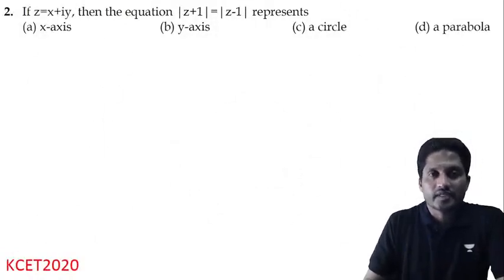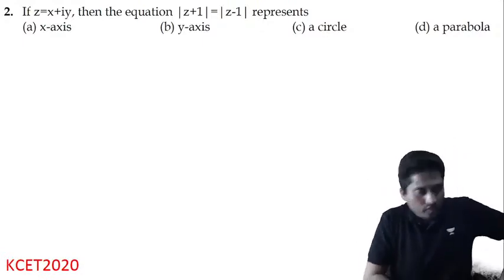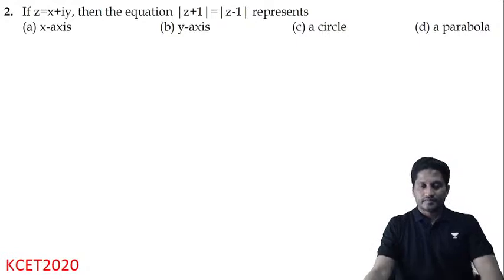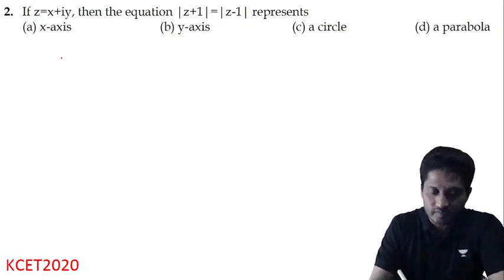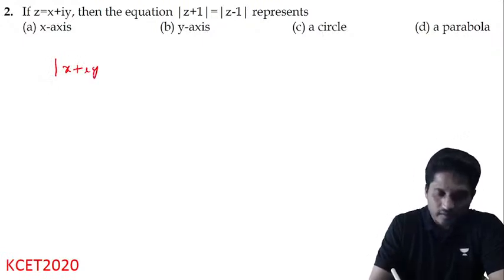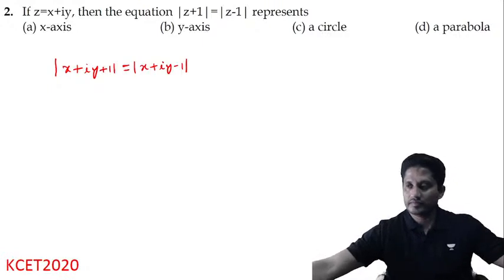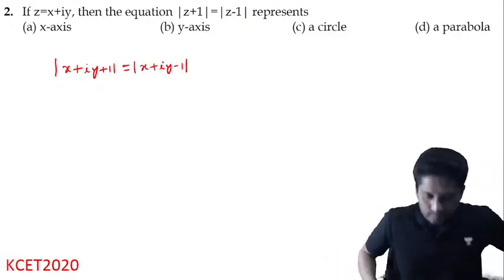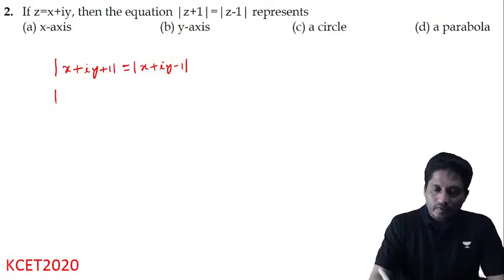If z is equal to x plus iy, then the equation mod of z plus 1 is equal to mod of z minus 1 represents what? I'm going to take z is equal to x plus iy. So modulus of x plus 1 plus iy is equal to modulus of x minus 1 plus iy.